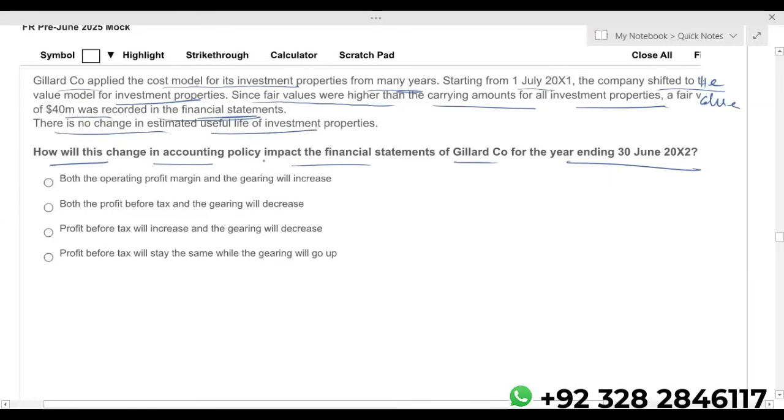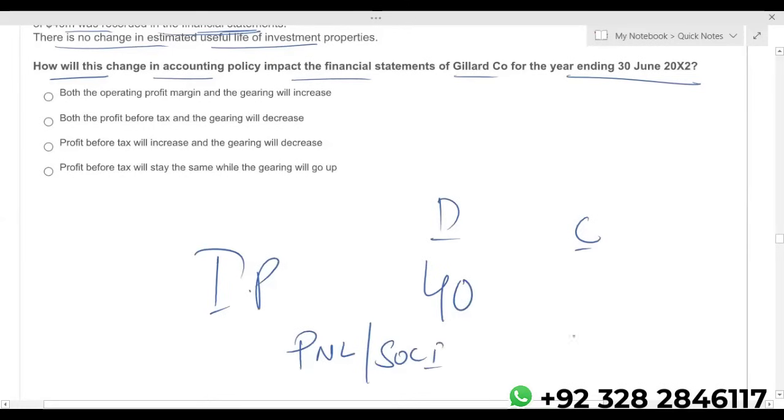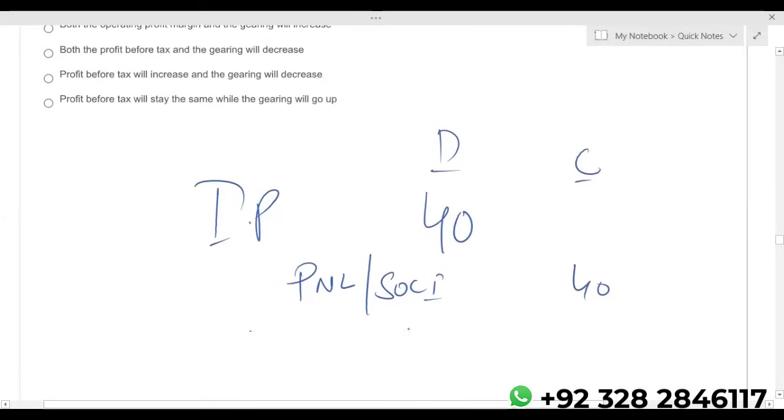How will this change in accounting policy impact the financial statements of Gillard? Now listen carefully. Your investment properties are debited by 40. Your income statement, P&L, is credited by 40. So definitely, can I say profitability has increased? Yes or no? Please reply on this first. Comment on that, and we'll see what choices they have given us.